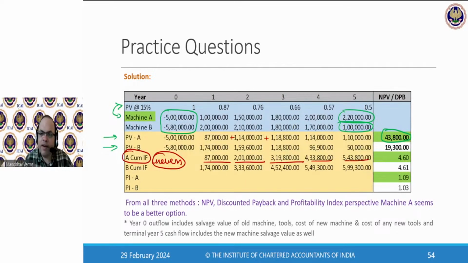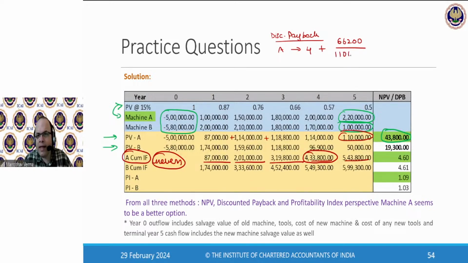And if I calculate the discounted payback method here, for machine A, where the 5 lakhs was the investment, I can say 4 years definitely. Till the fourth year, I'm getting 433,800. How much additional amount do I need? 5 lakhs minus 433,800 gives 66,200, divided by my cash flow in the fifth year, which is 1,10,000.